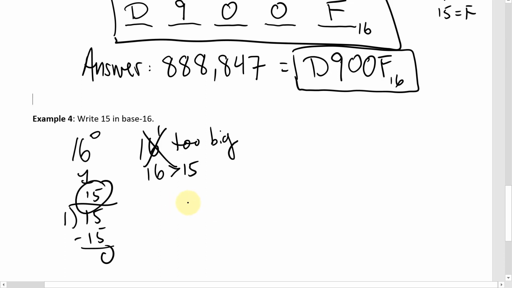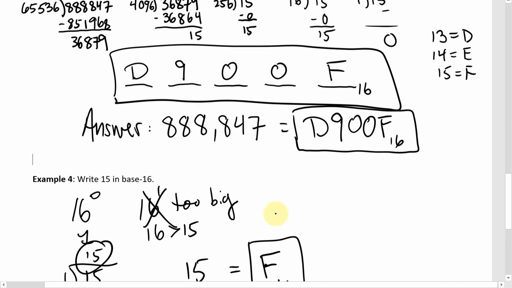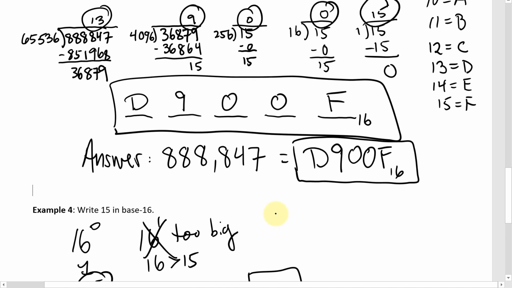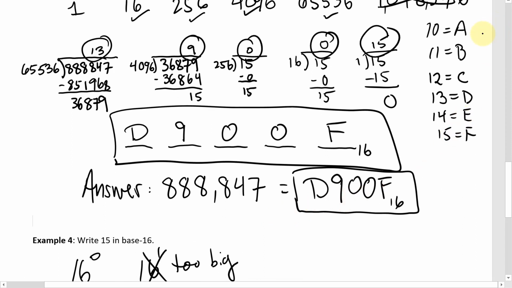So you just say 15 is just F in base 16, because I'm using this scheme of using the letters to represent numbers 10 and larger.